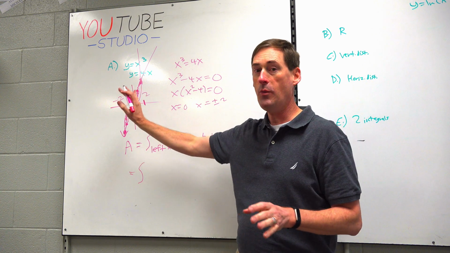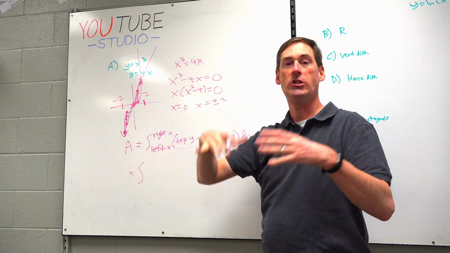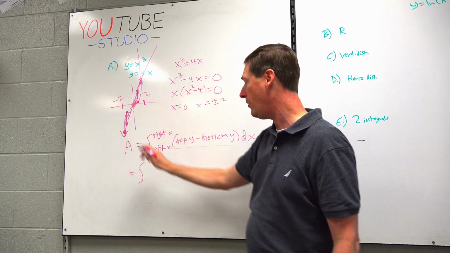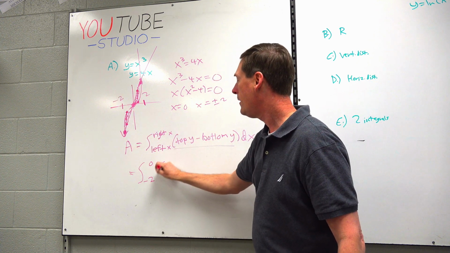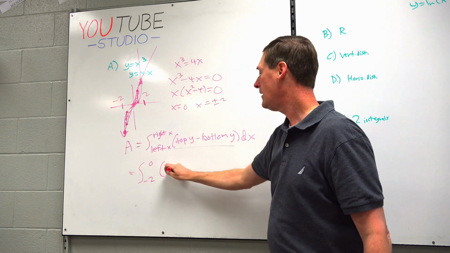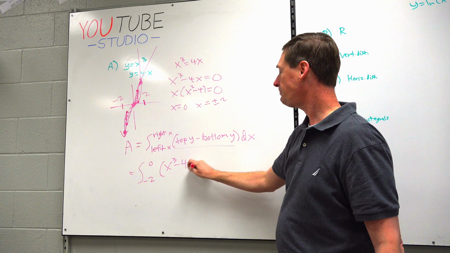So the only way to do this thing right here, just in general, would be to integrate from -2 to 0 of top y minus bottom y, which is snake minus line.